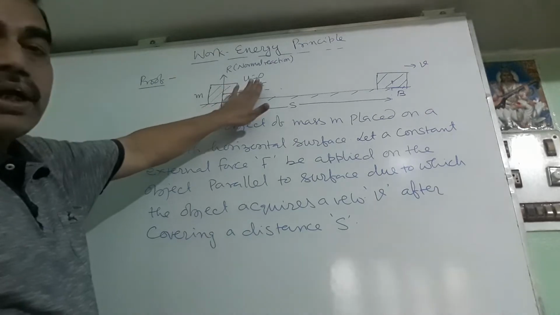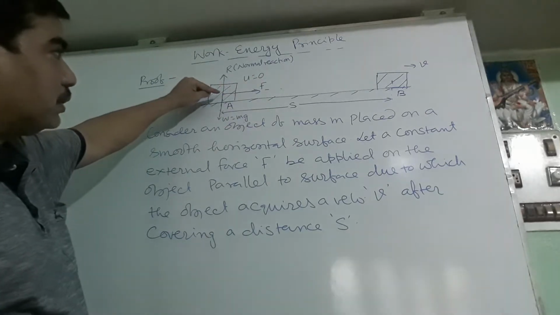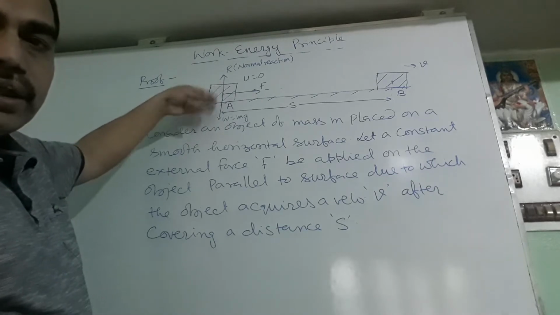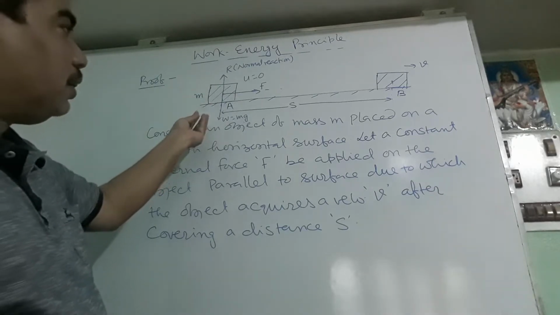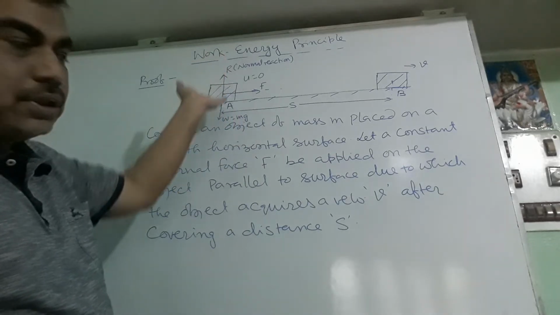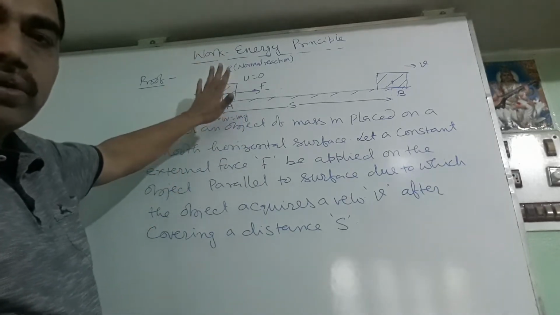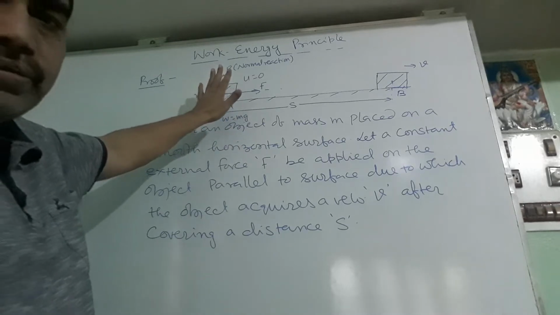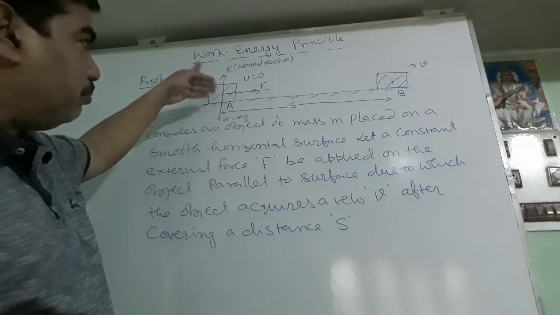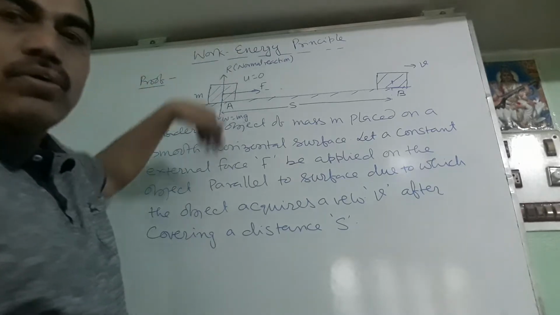Now when we have not applied the force, two forces are acting on this object. One is the force of gravity, that is the weight of the object, which is equal to mg. The other is the normal reaction, which is applied by the surface in order to keep it in a balanced position. So this normal reaction and weight will be equal, which means it is neither moving up nor going down.